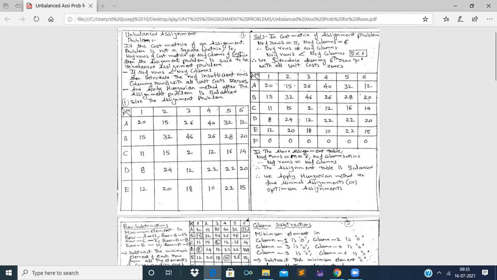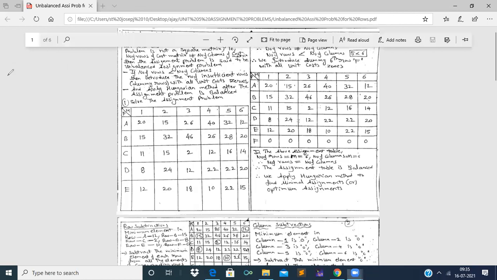If the cost matrix of an assignment problem is not a square matrix, that is, number of rows of cost matrix not equal to number of columns of cost matrix, then the assignment problem is said to be an unbalanced assignment problem. Two cases arise in unbalanced assignment problems. One is number of rows lesser than number of columns, and the other is number of columns lesser than number of rows.